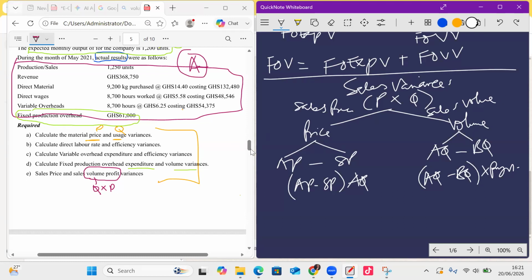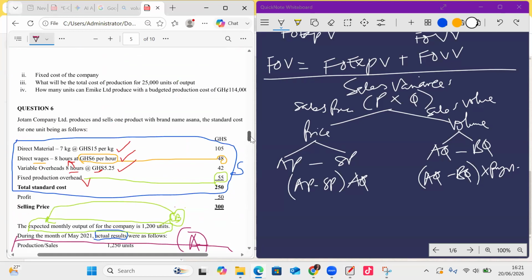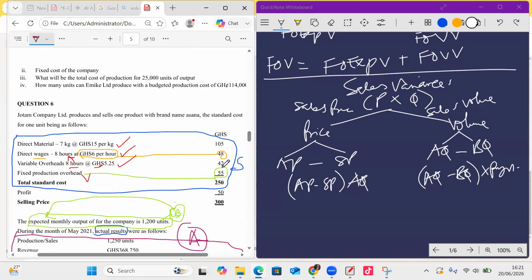In some cases, the question could end at variable overhead. Then we will find a marginal standard cost card here. If the selling price is 300, when we take the marginal cost from the selling price, what are we going to arrive at?